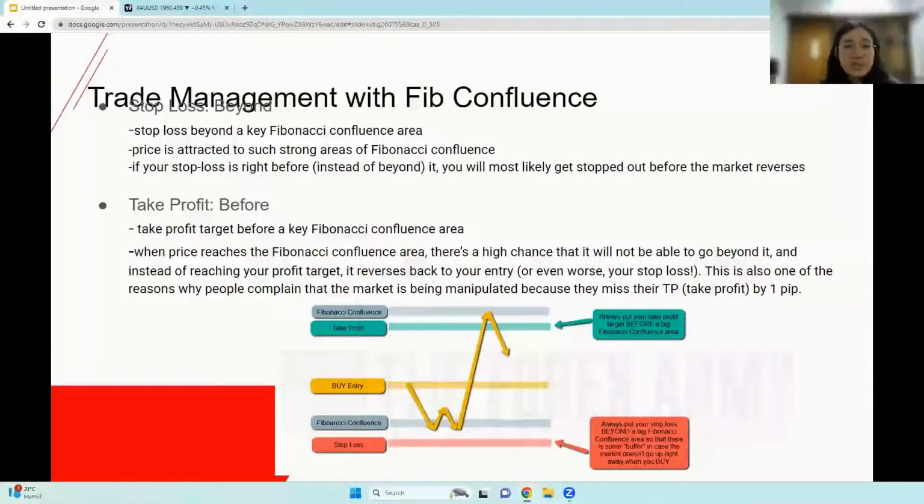The reason for that is because when price reaches the confluence area, there's a high chance that it won't be able to go beyond it because of the amount of resistance or support at that area. So instead of reaching your profit target, it'll reverse back to your entry or worse, your stop loss. That's also one of the reasons why people complain that the market is being manipulated, because they miss their take profit by 1 pip.